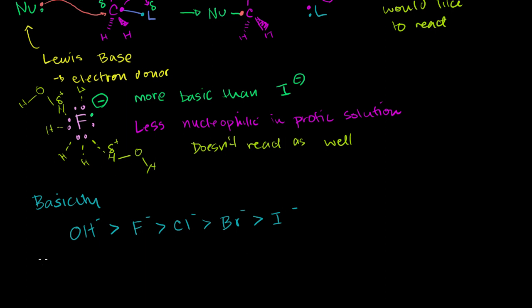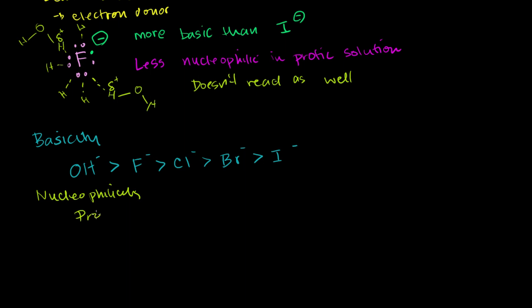Now, if you were to look at nucleophilicity, just to see the difference, we saw that it actually matters what the solvent is, because the solvent will affect how good something is at reacting. So for nucleophilicity, there's a difference between a protic solvent and an aprotic solvent. In a protic solvent, the thing that has the best nucleophilicity is actually iodide, because it's not hindered by these hydrogen bonds as much.